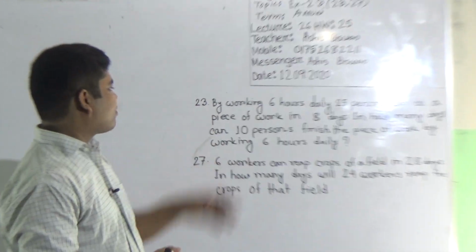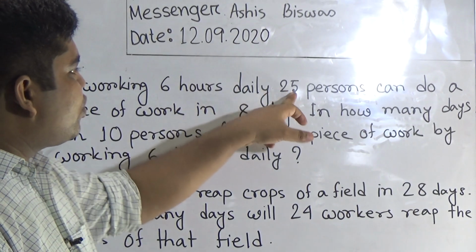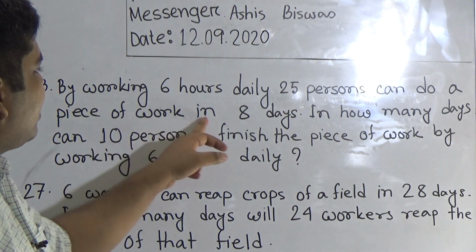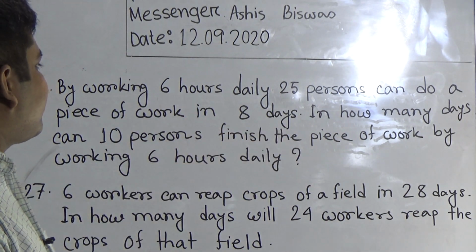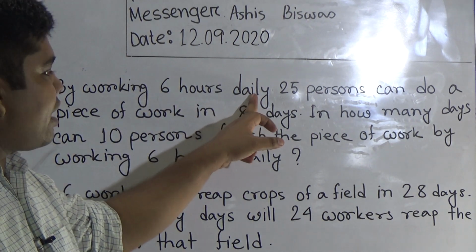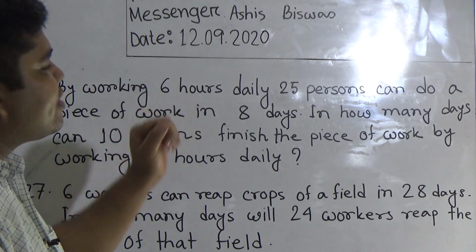First, question 23. By working 6 hours daily, 25% can do a piece of work in 8 days. My dear students, by working 6 hours daily means that in a day they work 6 hours.